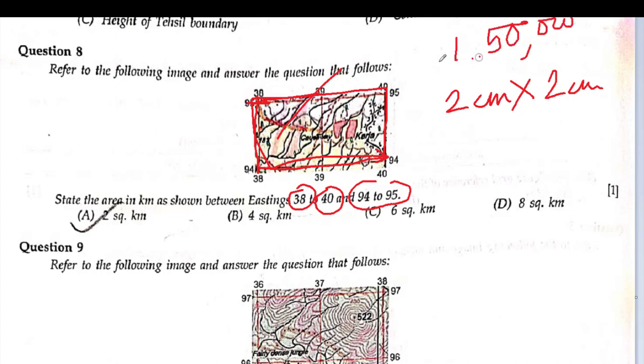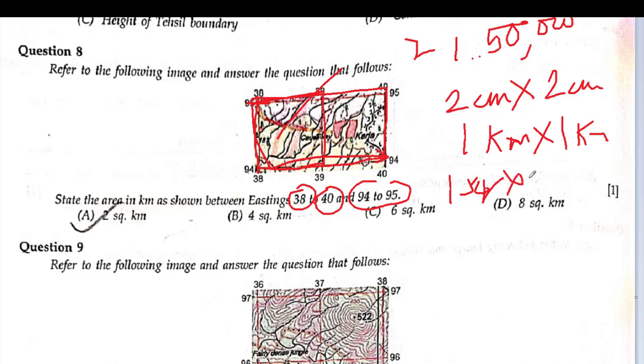That means 1 centimeter shows half a kilometer, or 2 centimeters show 1 kilometer on the actual ground, 1 kilometer by 1 kilometer. So each grid shows 1 square kilometer. With 2 grids, 1 into 2, the answer is 2 square kilometers.